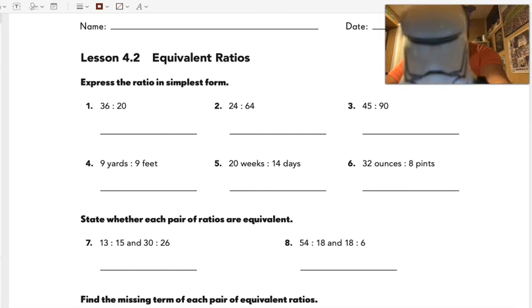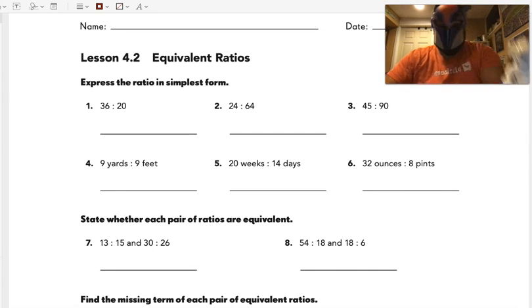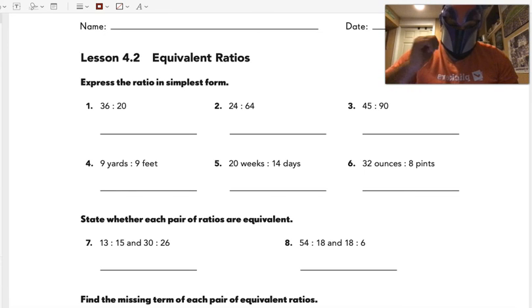Hello. Have you seen the child? We know you know. People's elbow. This is the way to do equivalent fractions.